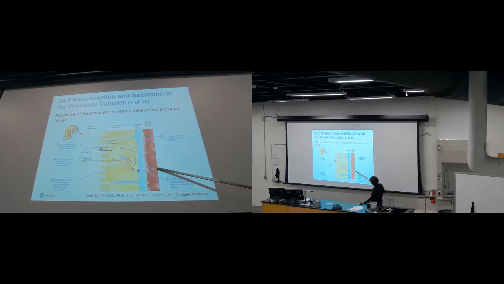Bicarbonate is going to be absorbed into the interstitial fluid and then into the peritubular capillary. It's going to be exchanged with sodium in here.